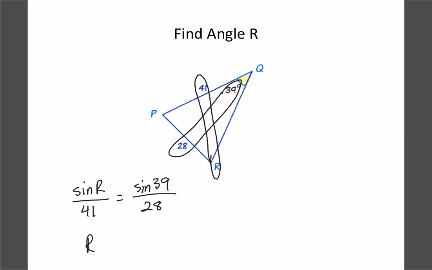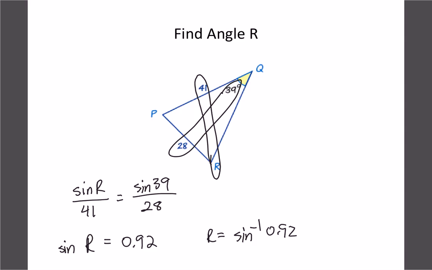So when you multiply this one now, you'd have sine 39 times 41 and divide it by 28. So that gives you 0.92, but that's what sine R is equal to. So what we want to do, just like we do with SOHCAHTOA for looking for angle R, we actually have to put in second sine.